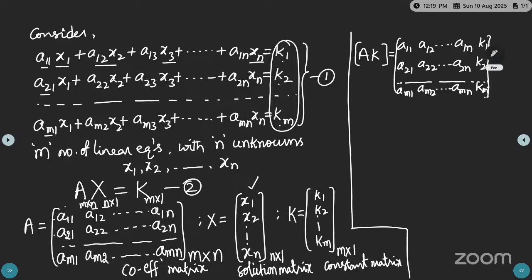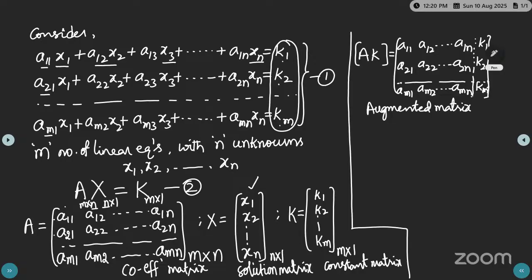This we call the augmented matrix. So the constant matrix is included with the coefficient matrix. We call it the augmented matrix.